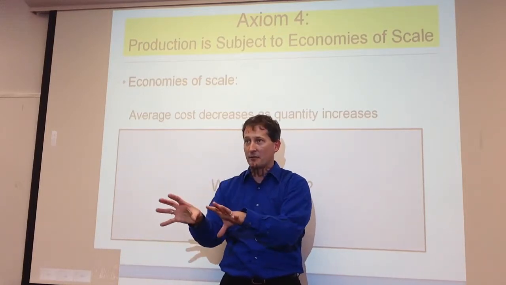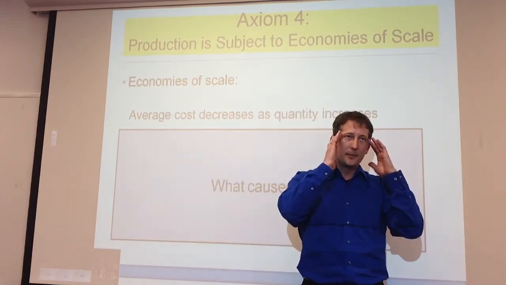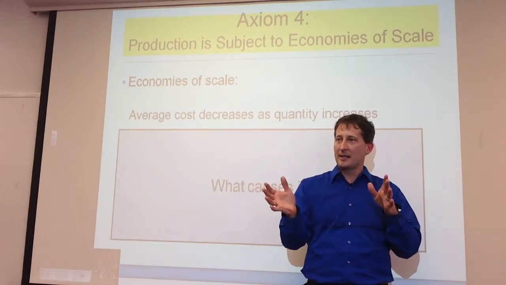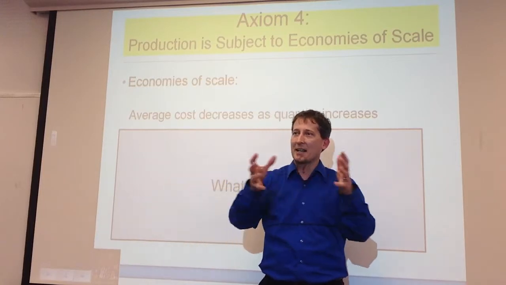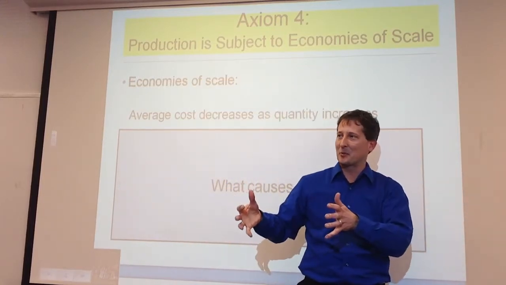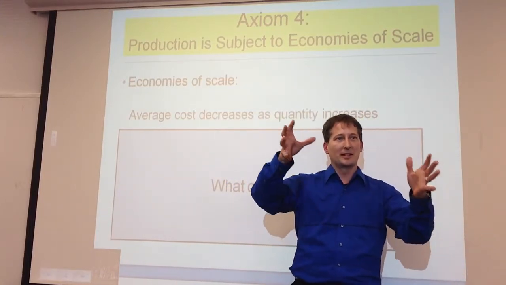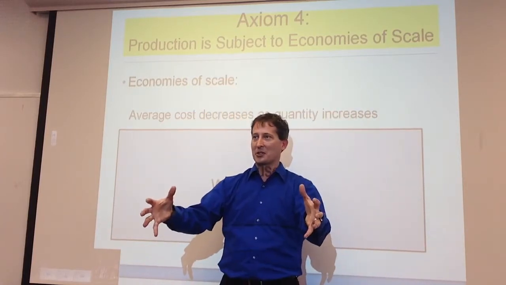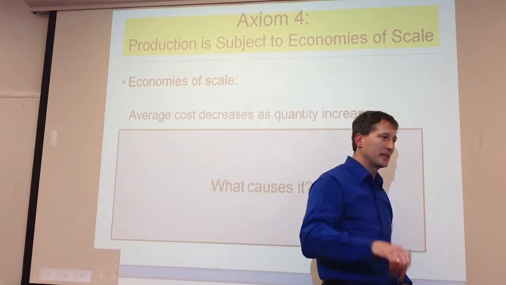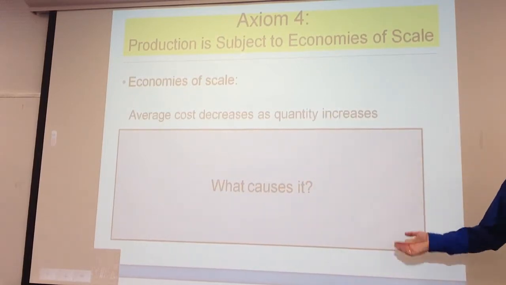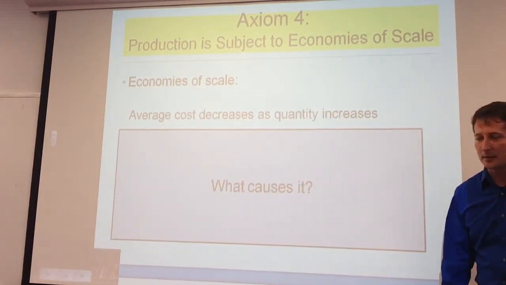So it does relate to fixed costs, but if we strip out the idea of there being fixed costs because we're thinking in the long run, then you go back to this lumpiness concept where I'm going to bite the bullet and do this big purchase, and the more I make, the lower my costs are. And so we see economies of scale when there are large upfront costs associated with it.